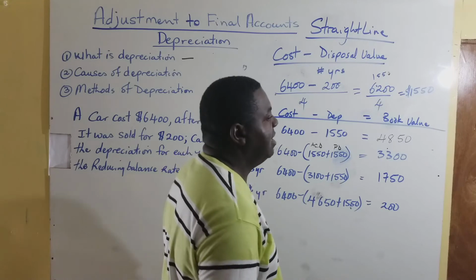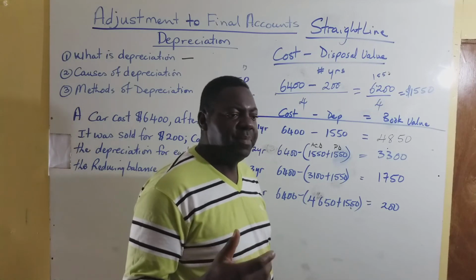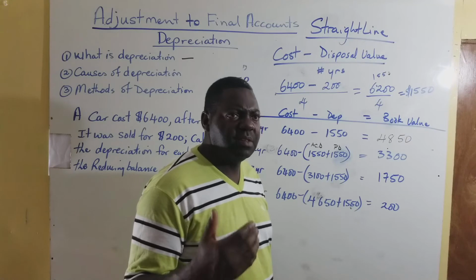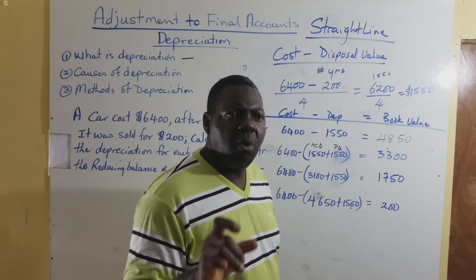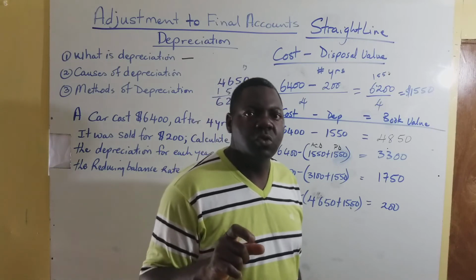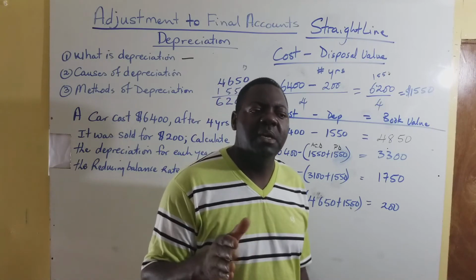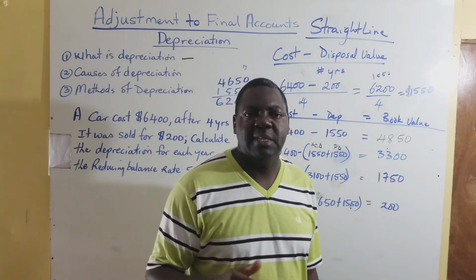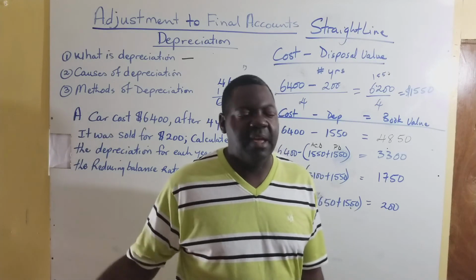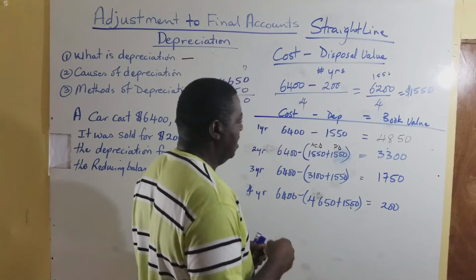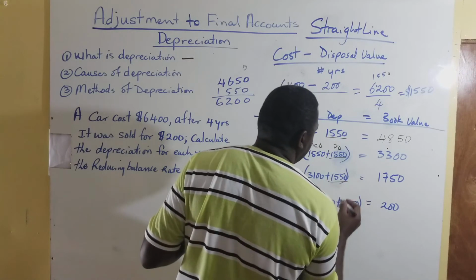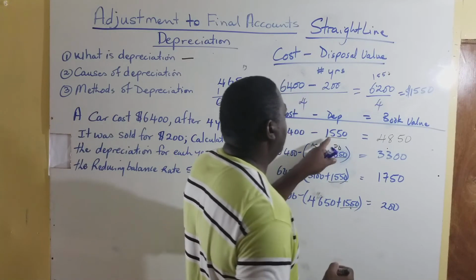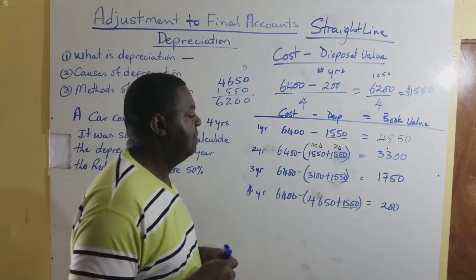Now, the idea of a straight line method of depreciation is really suggesting that it is the same amount that you have calculated that will be charged to the asset over the period of its life. So you will notice that in all of the years, the figure remained the same, 1,550.